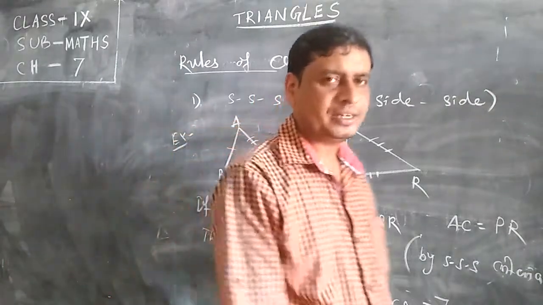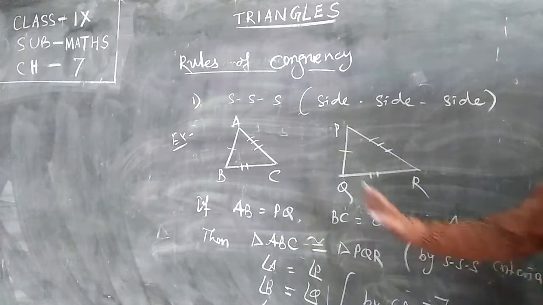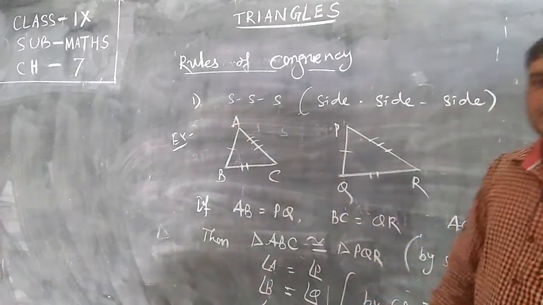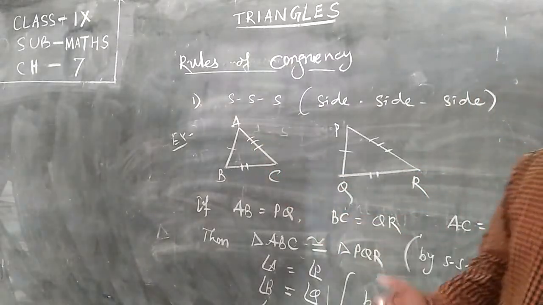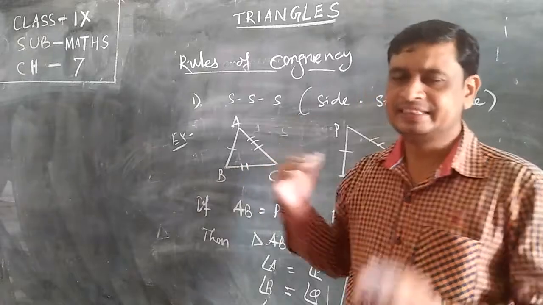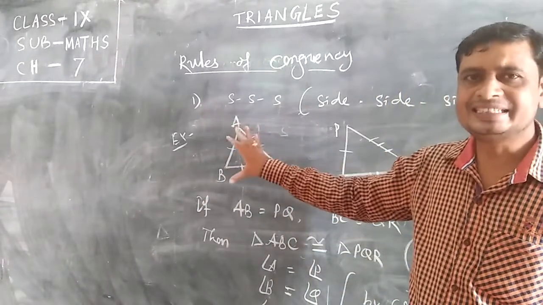CPCT stands for corresponding parts of congruent triangles. If two triangles are congruent, then their corresponding parts are equal. There are 6 corresponding parts: 3 sides and 3 angles.